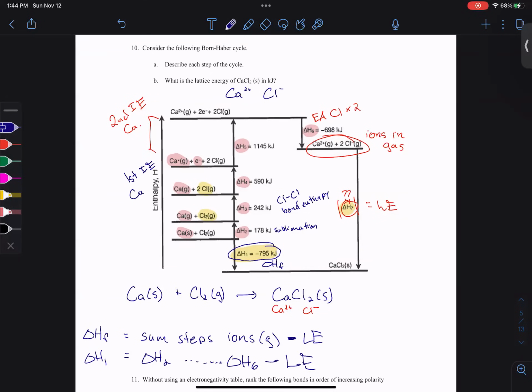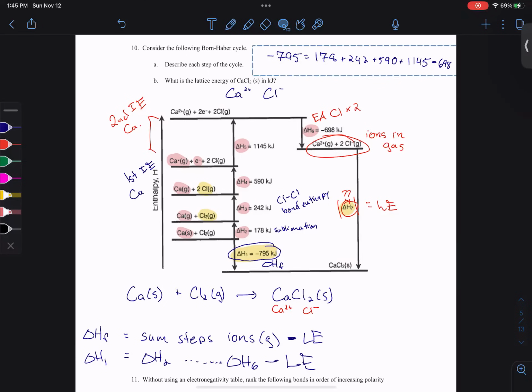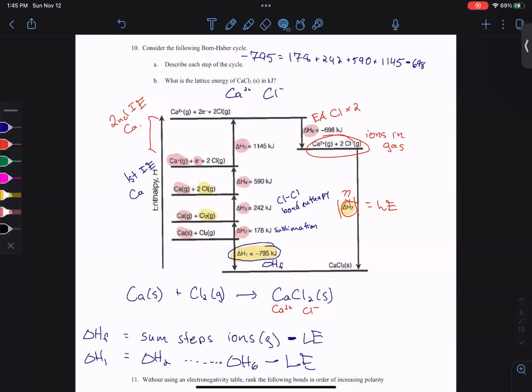If we want to do that, we just put in the numbers exactly as is on this graph. Negative 795 equals positive 178 plus 242 plus 590 plus 1,145 minus 698, because that step is exothermic, you do just want to use that number as is, minus lattice energy, and that step is what we are solving for in this case.